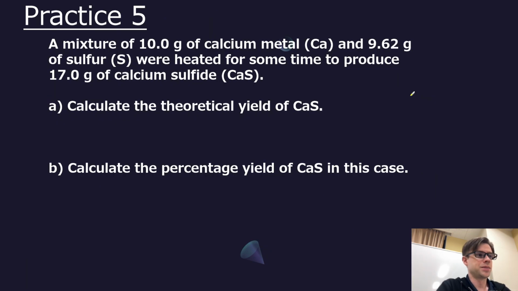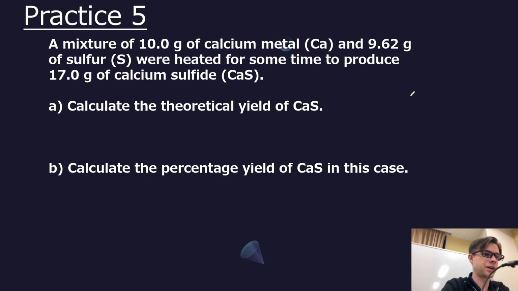So practice: a mixture of 10 grams of calcium metal and 9.62 grams of sulfur were heated for some time to produce 17.0 grams of calcium sulfide, CaS. Calculate the theoretical yield of CaS. All right, first, balanced chemical equation we should have.